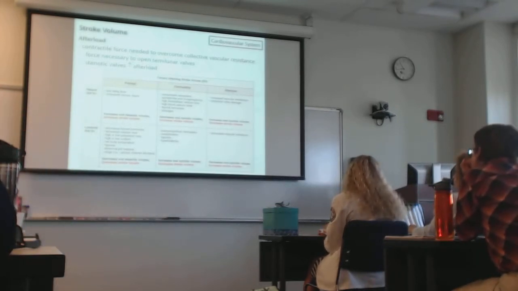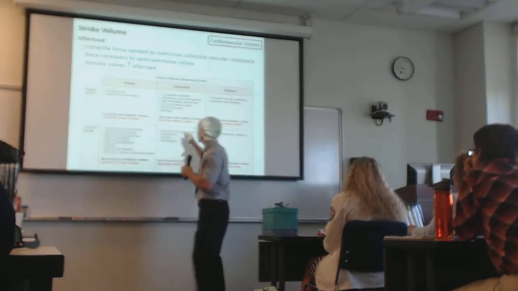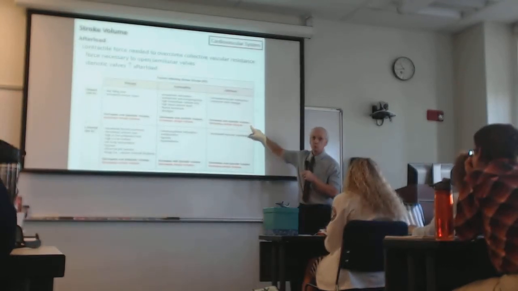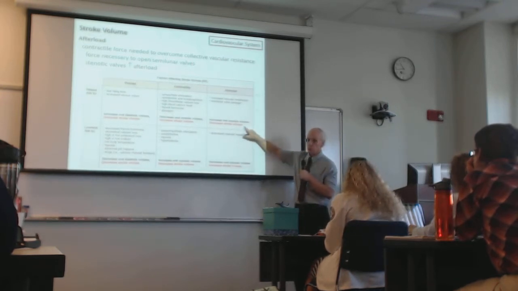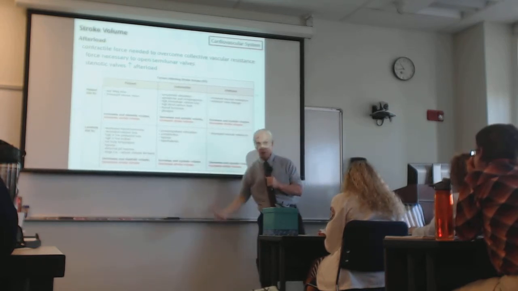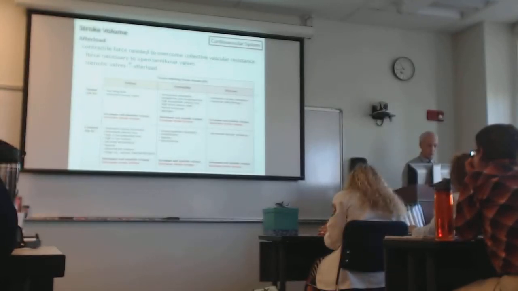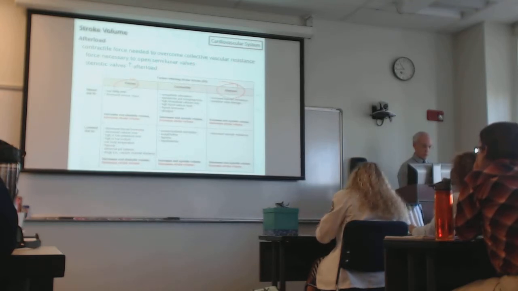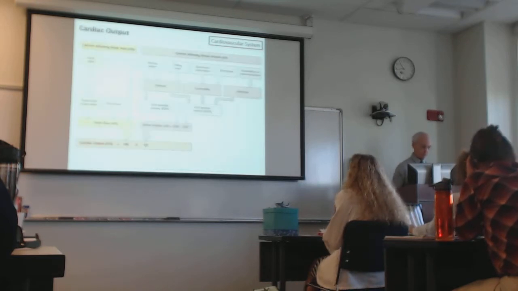I've increased the resistance, therefore I cannot push as much. Therefore, is it clear to you that that's going to increase the volume of blood that remains in the ventricle? And then it decreases stroke volume, because these two are inversely related, right? Stroke volume is going to decrease, and end systolic volume is going to increase as we increase the afterload. So be sure you understand the relationship between these terms and the consequences down here.